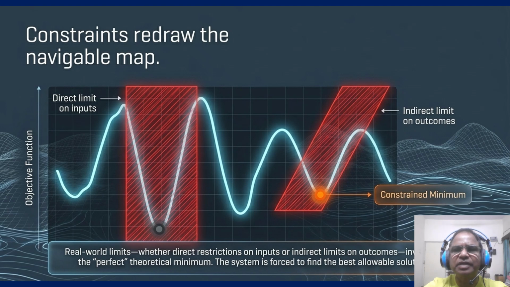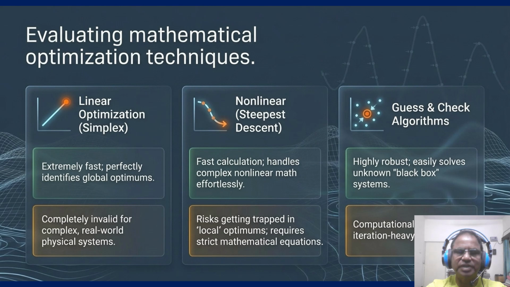So the real target is not the theoretical best point. The real target is the best point that is safe, stable and achievable in plant condition. This is the importance of this message.